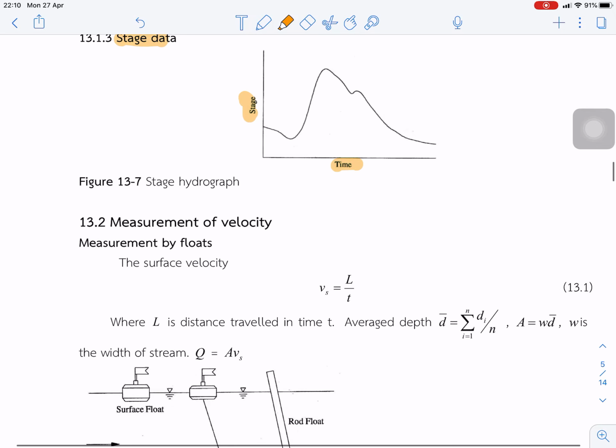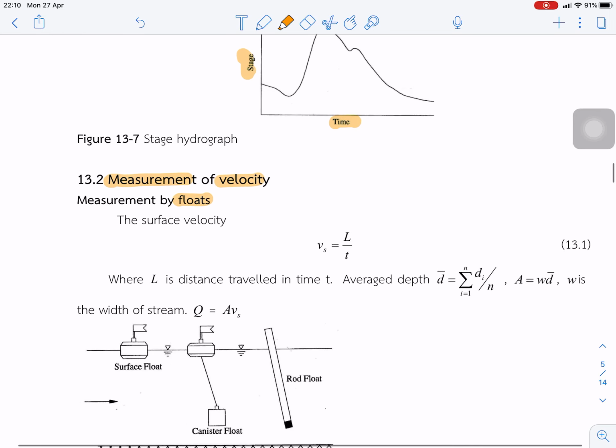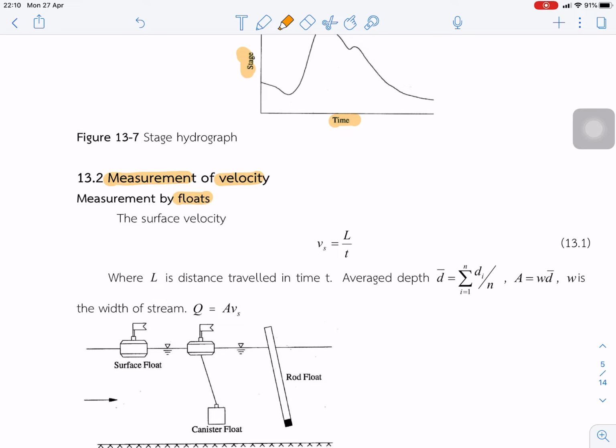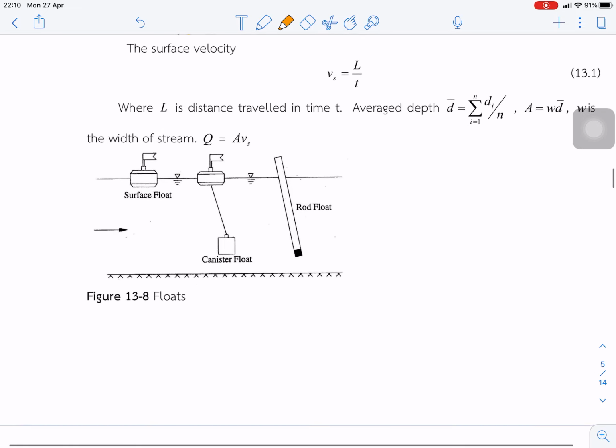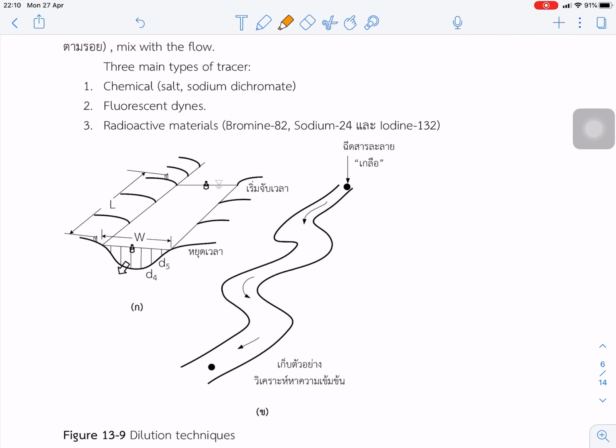The next measurement is the velocity, which we can measure using a float. For example, if it is a small stream or a small canal, we can put a start and end point and measure the length between the starting point and ending point.